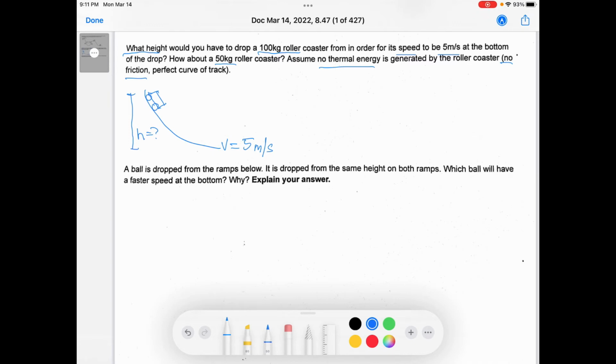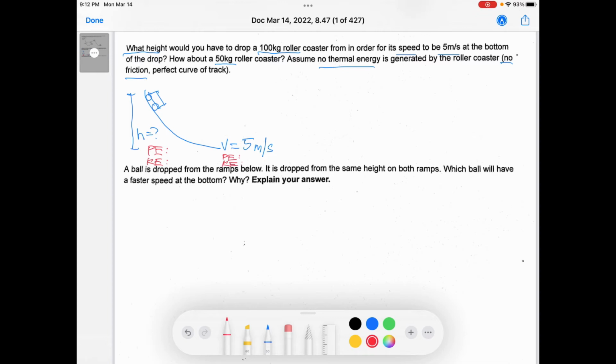So let's think about this situation in terms of the potential energy and the kinetic energy, again, of the roller coaster.